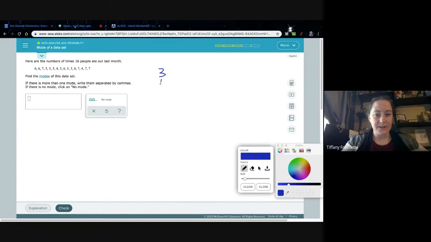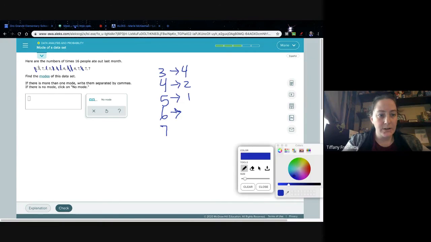So we get, let's see, it looks like 3 is the smallest, then 4, then 5, then 6, then 7, I believe. All right, so let's make sure. Here are the numbers of times 16 people ate out last month. So we have 1, 2, 3, 4 for 3, 1, 2 for 4, and 5 happened only once. 6 happened 1, 2, 3, 4 times, and 7 happened 1, 2, 3, 4 times.